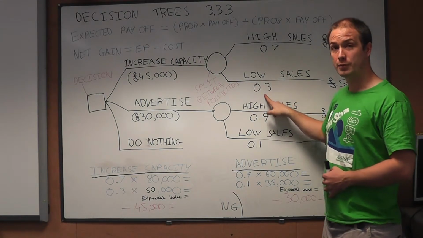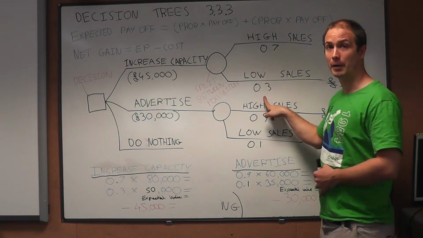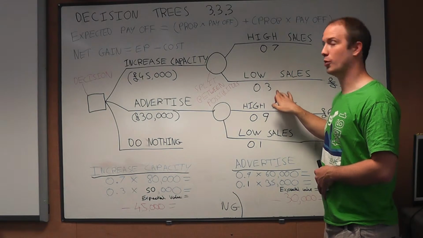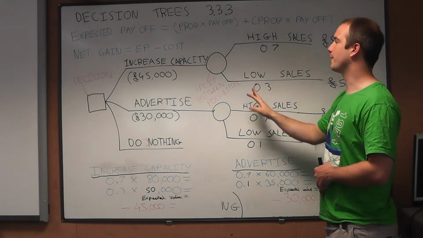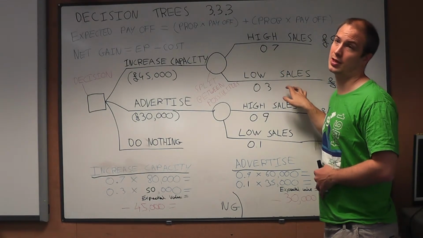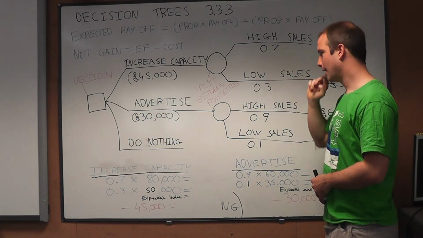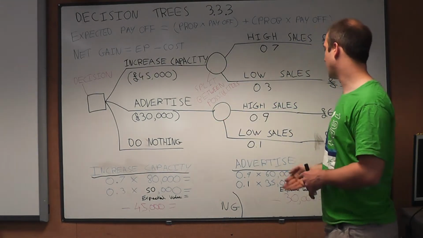You may remember from your GCSE maths that the sum of all probabilities must be 1, and that's the case here. So 0.7 and 0.3 is equal to 1. If you choose to increase capacity, these are the two possible outcomes, and so they should add up to 1. Likewise, down here we have a similar thing with advertise at the cost of £30,000.